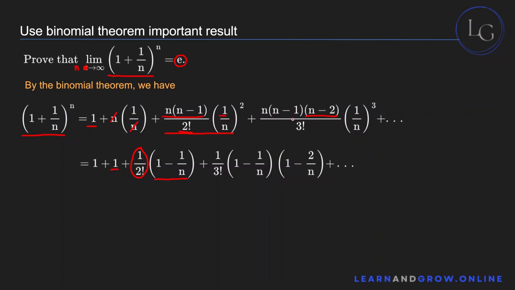And when you do these simplifications on and on for the fourth term, the fifth term, and the sixth term, you basically just get more terms like this. So for example, the next term after this one would be 1/4 factorial into (1 minus 1/n) into (1 minus 2/n) into (1 minus 3/n), right?